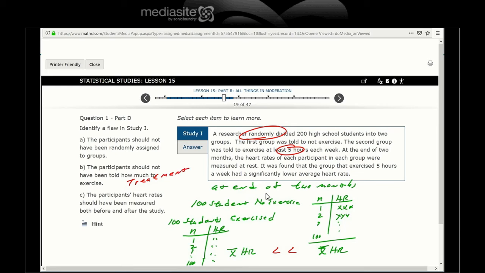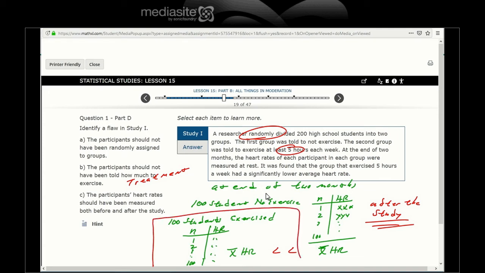The participants' heart rates should be measured both before and after the studies. So this was all done, like I said, after the study. It'd been nice to know what it was before the study.